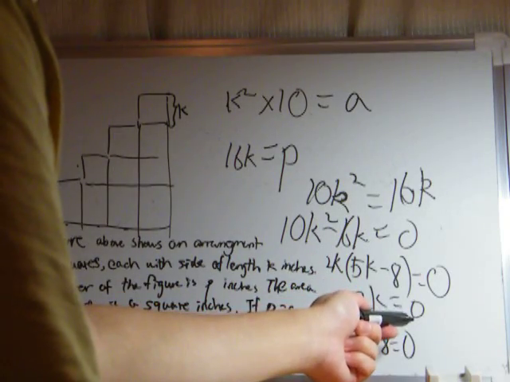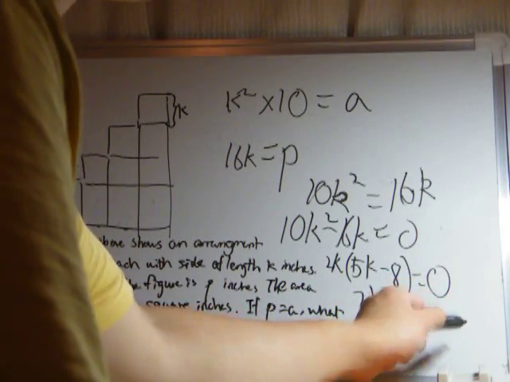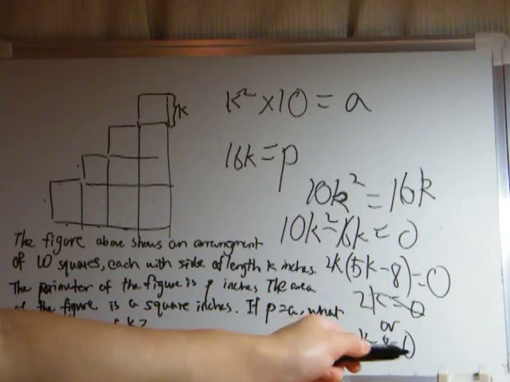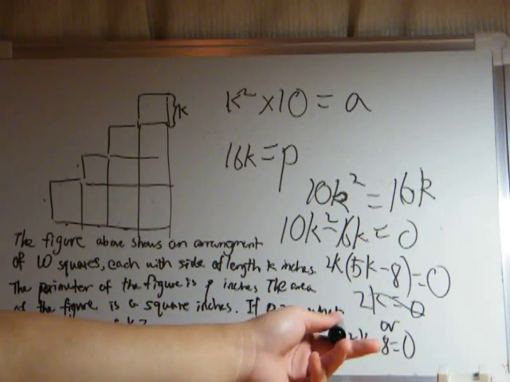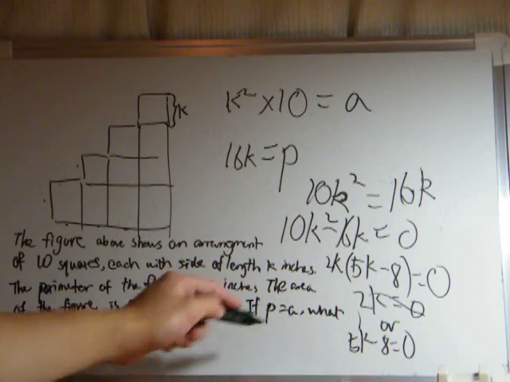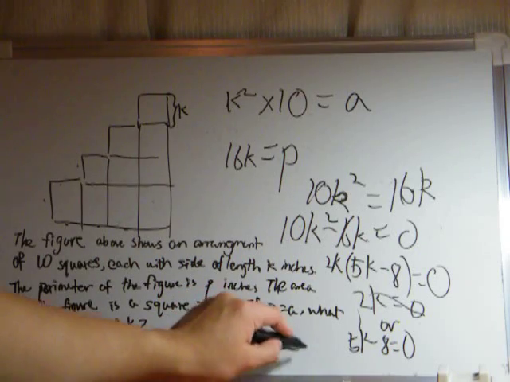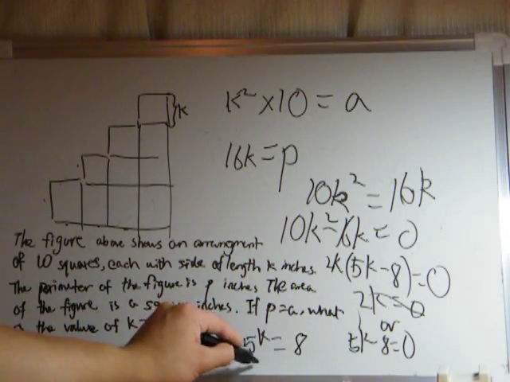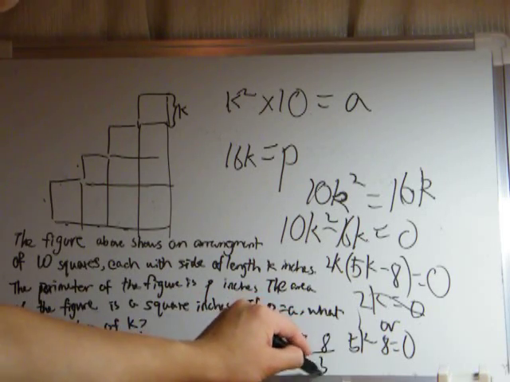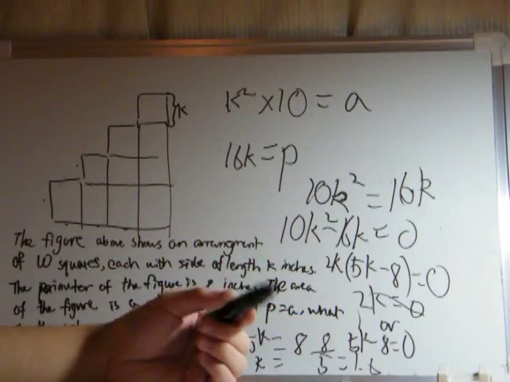Well, 2k equals 0 means k equals 0, right? So k can't be 0, that's why we have to eliminate that option. And for 5k minus 8 equals 0, adding 8 to both sides, 5k equals 8, and k equals 8 over 5, which is 1.6. So that is how you get to a solution.